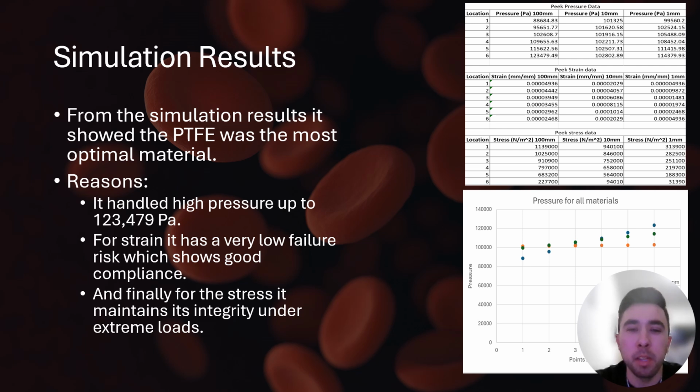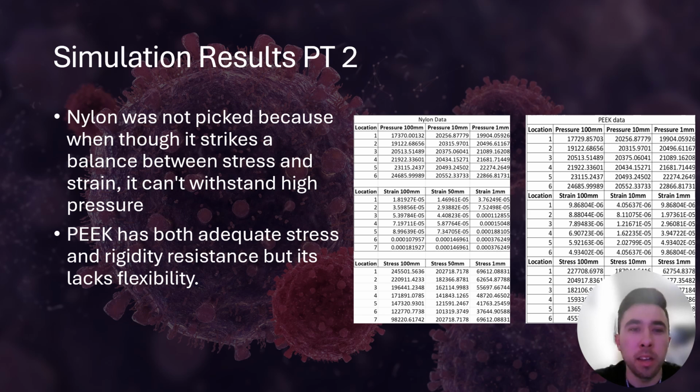Its biocompatibility is well documented, minimizing the risk of rejection, clotting, or other reactions, which is essential for long-term biocompatibility in the human body. Additionally, PTFE is cost-effective and used in many medical applications, which makes it an ideal choice for large-scale manufacturing.